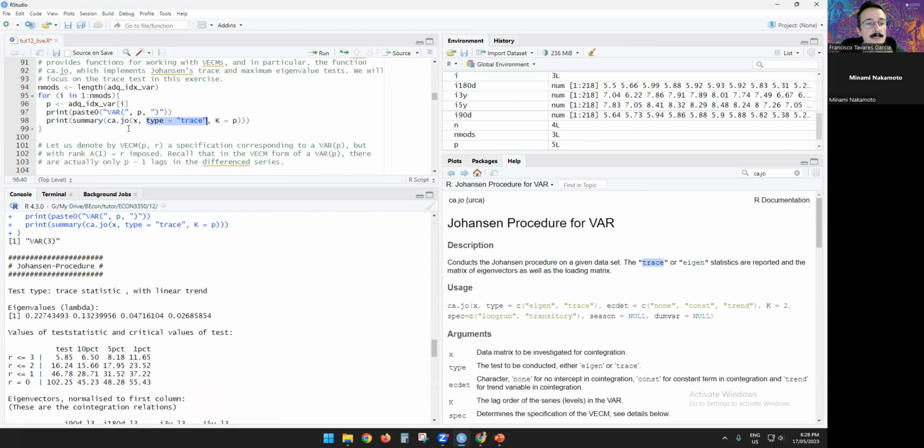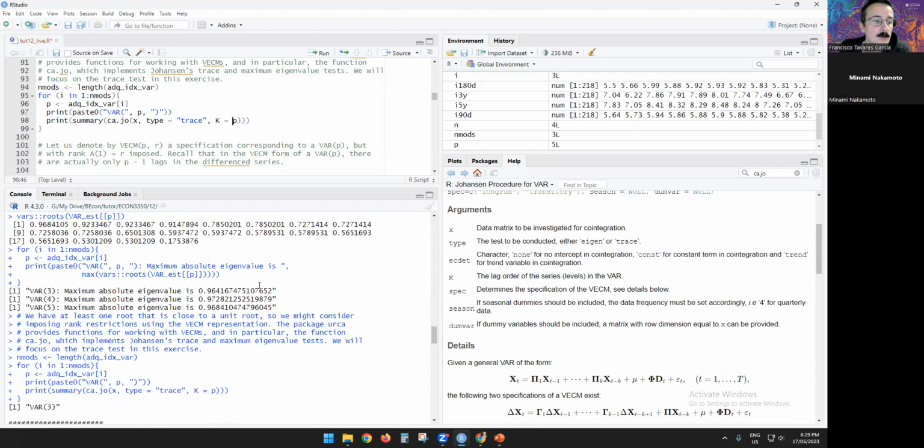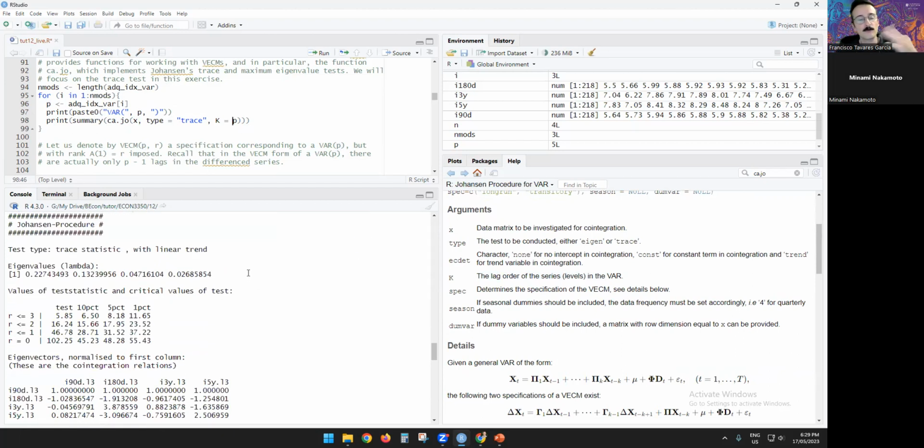And we want x to be the data we're doing this Johansen procedure test on. We're putting our x, our vector of data. And in the K, the lag order of this series, we're indicating for each of our models how many lags we're using. So K equals p, right? In this case, we had just 3, 4, and 5 lags.